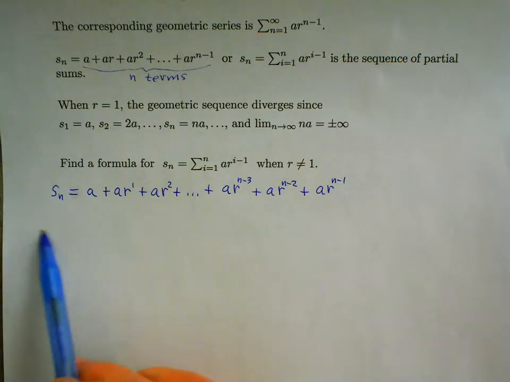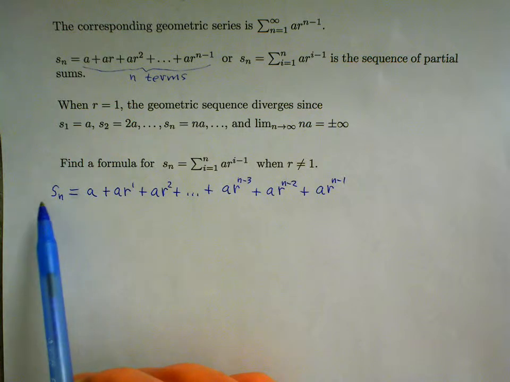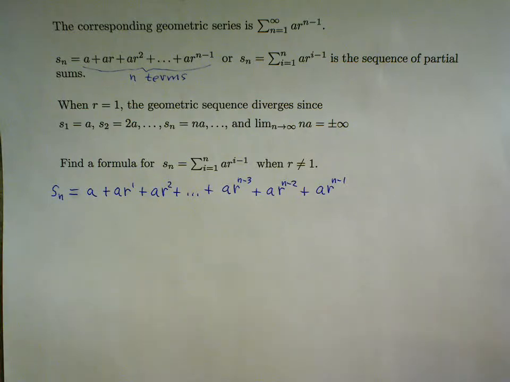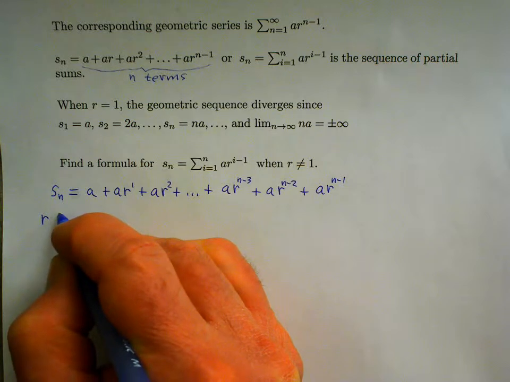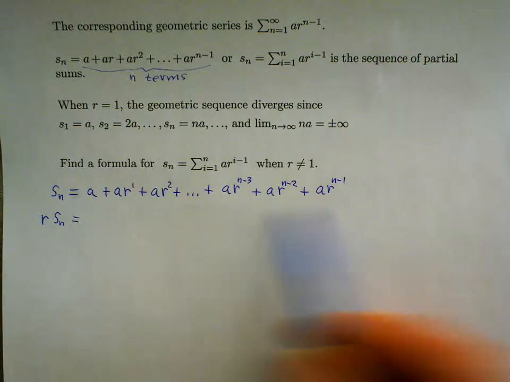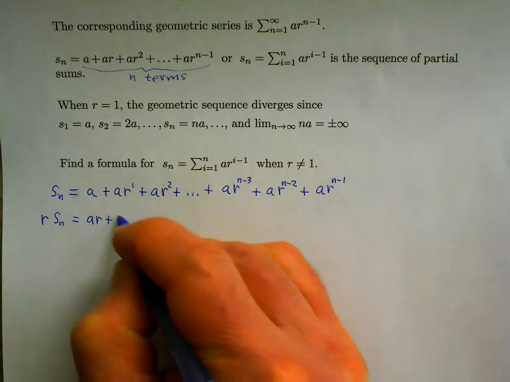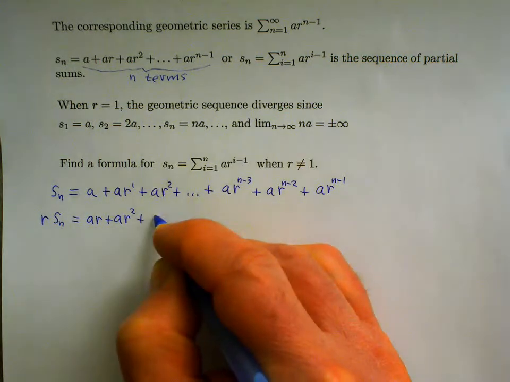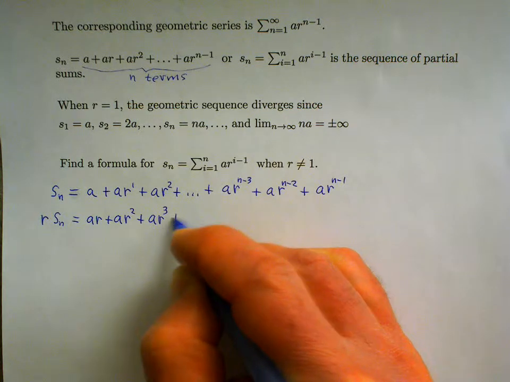And the next line, I'll write down an equation. The equation I get if I multiply both sides of this by the common ratio r. So I'll multiply the left-hand side to get r times S sub n. Multiply each of those terms by r, I get a times r plus a times r to the second plus a times r to the third, and so on.